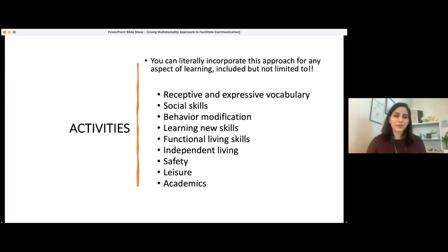I see that parents are okay when we tell them that this is how the child can learn. This is how the child comprehends. Show him a picture and he'll learn better, or show him text only, or add the video or the audio, and that's the way he's going to learn, or she's going to learn. What we see a lot of resistance to is when it comes to expression.